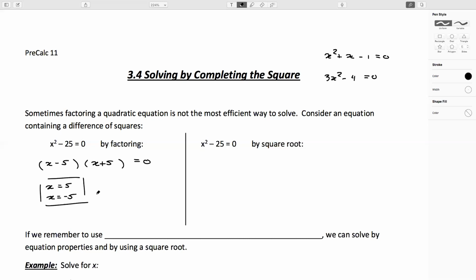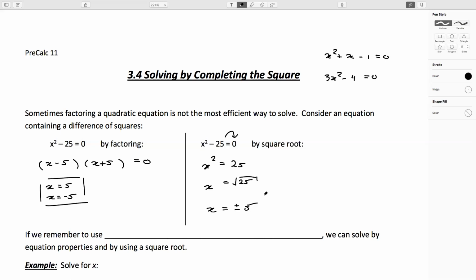We're going to solve the same one slightly differently, though, by using square roots. We're going to move the 25 to the other side by adding it to both sides. So x squared equals positive 25. Then we're going to take the square root of both sides. x equals root 25, and x is going to be plus or minus 5.